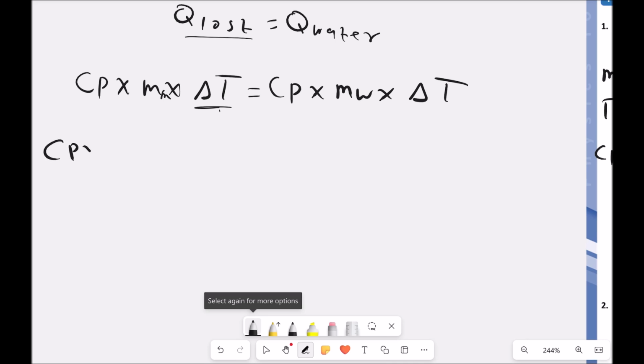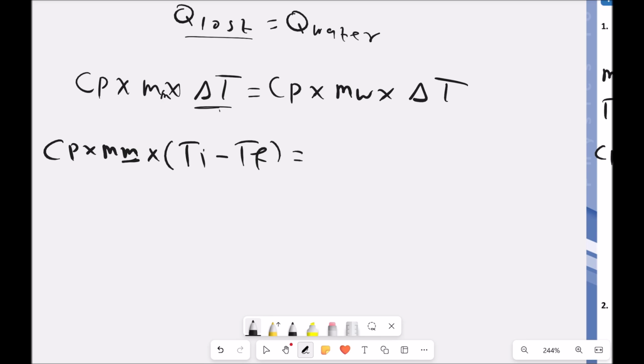So Cp times mass of the gold. This M just means metal. You can just write it Mg, it's okay. Or you can say this is MA and this one is MB, or M1 and M2, it doesn't matter. So this is going to be T initial minus T final. This one is going to be Cp times mass of the water times T final minus T initial.